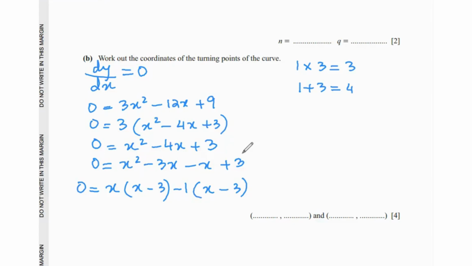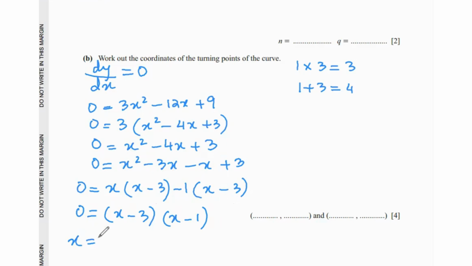Since everything has a factor of 1, we can always take 1 common and then put the other terms in the bracket. And over here, I'll take negative 1 common because we already have x minus 3 over here. And we need an x minus 3 in the bracket as well. So to have that x minus 3 in the other bracket, we take negative 1 common instead of positive 1. So now x minus 3 is common, and the other bracket we take x minus 1.